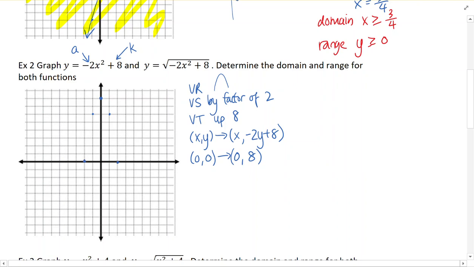And then instead of 3, 9, we're at 3, 18. That is off the grid. So we're just going to connect these dots. It should be curved, not pointy. Okay, cool. Now we have our parabola.